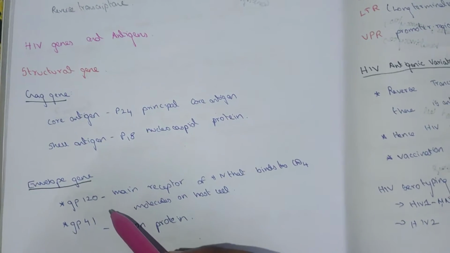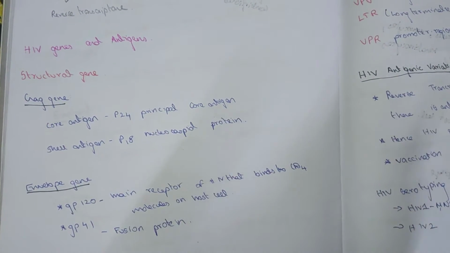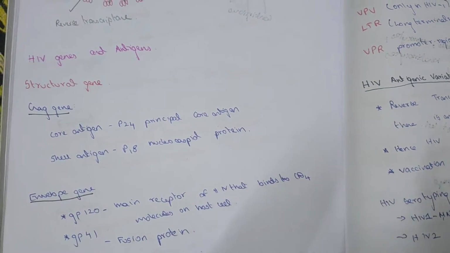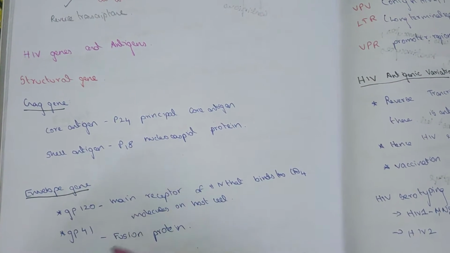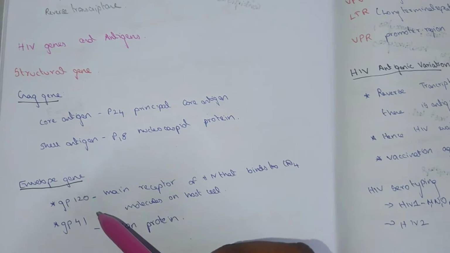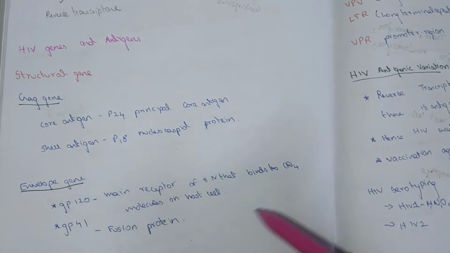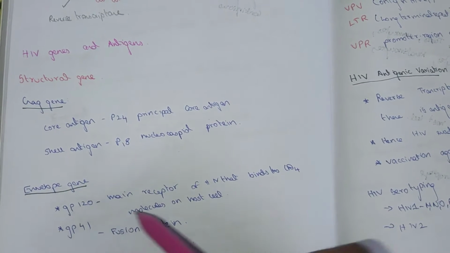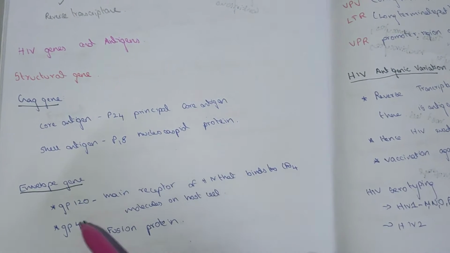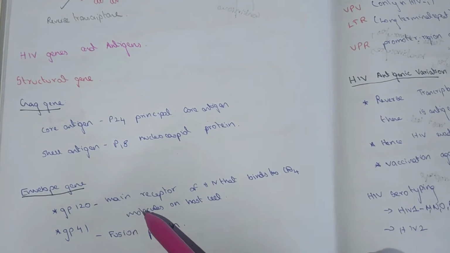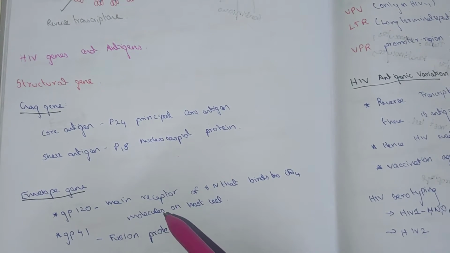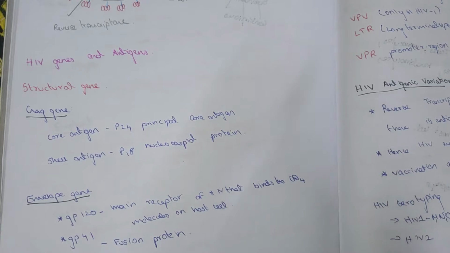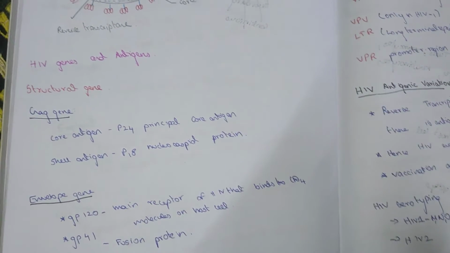This GP120 receptor binds to the CD4 molecule present in the host, and this GP41 helps in the process of fusion of GP120 to the CD4 receptors. GP120 is the main receptor which binds to the CD4 molecule present on the host cell.